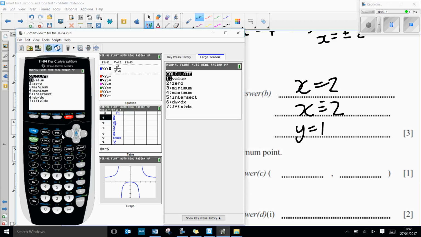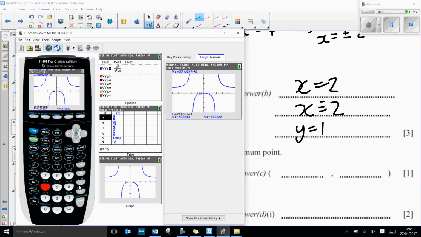Okay, left bound, so we just need to be somewhere on the left of it. Enter. Somewhere on the right of it. And it takes us to this point here, which these values are so small that would be 0, 0.